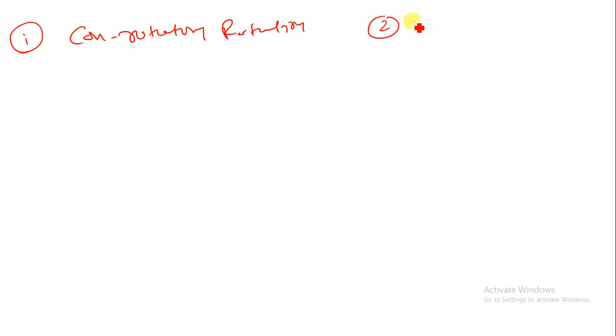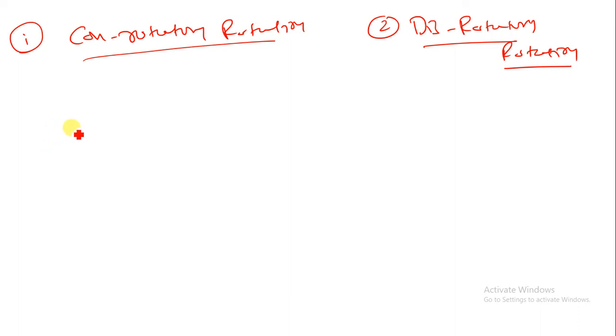Before going to that, we have to understand two important notations in electrocyclic reaction. First one is conrotatory rotation, and the second one is disrotatory rotation. First of all, let us understand conrotatory rotation.